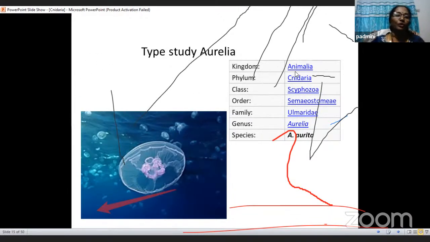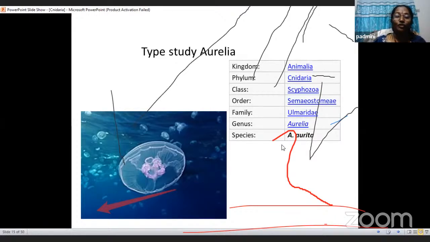Why Animalia? Because we are going to talk about animals. Phylum Cnidaria, because all these have cnidocytes, the stinging cells. So they come under Cnidaria. Class Scyphozoa, order Semaeostomeae, family Ulmaridae, genus Aurelia, species aurita.